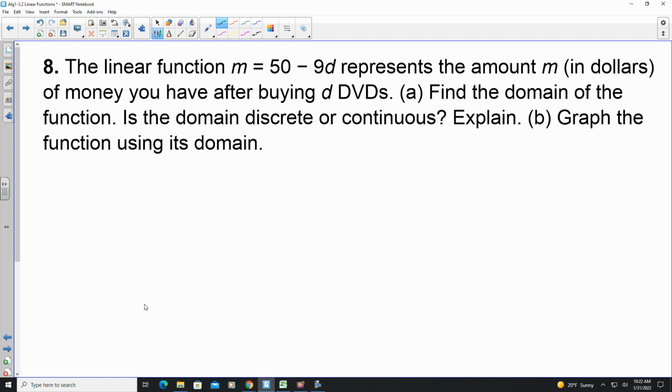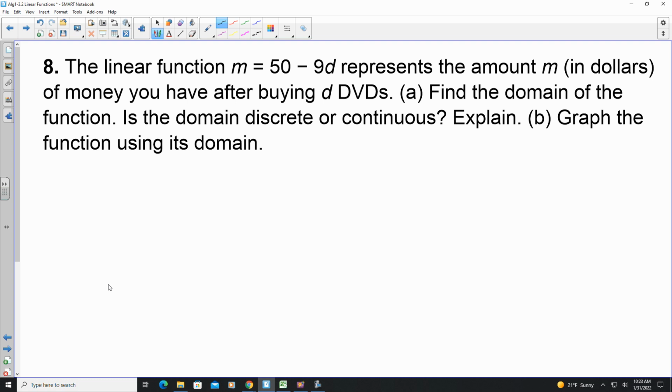So it represents the amount of money you have after buying DVDs. So guessing each DVD is $9 or whatever it is.